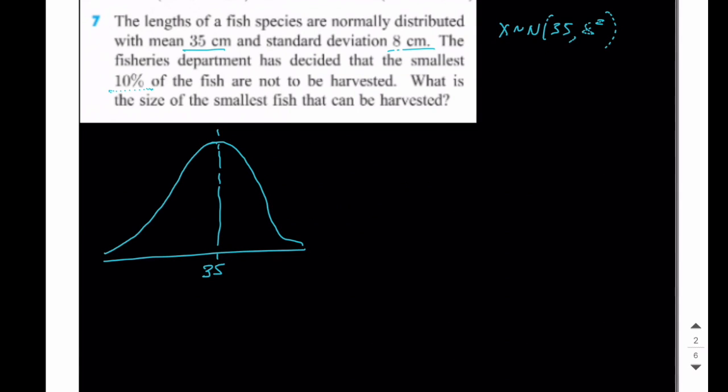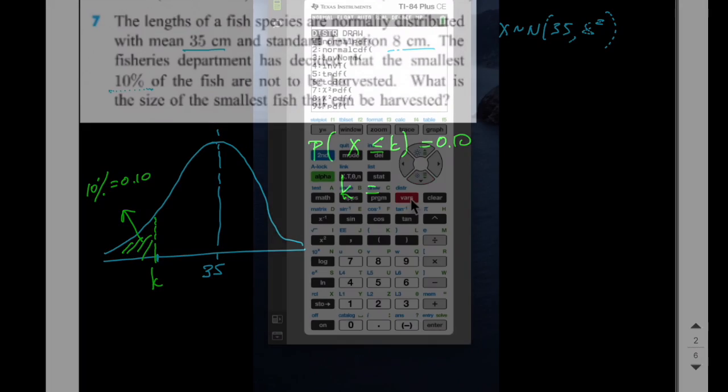So we are going here, and basically this is going to be our K, and we know that this is the smallest 10%, so 10% or 0.10. So we have that the probability of x less or equal than k is 0.10. So we want to find that k, and that's an inverse norm.